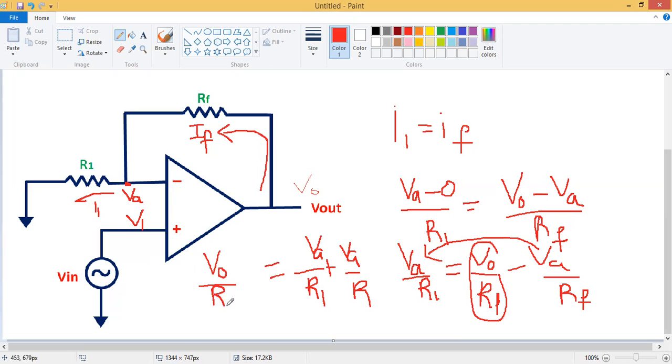Sorry, not R1, it is RF: V naught by RF. This one is VA by R1 plus VA by RF. Now take VA as common.